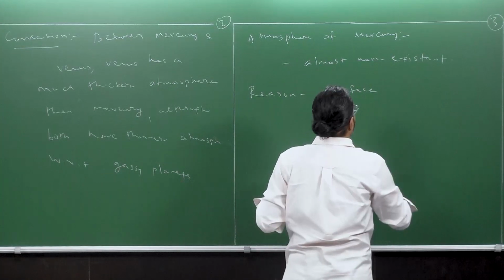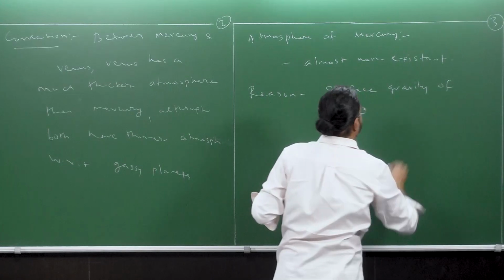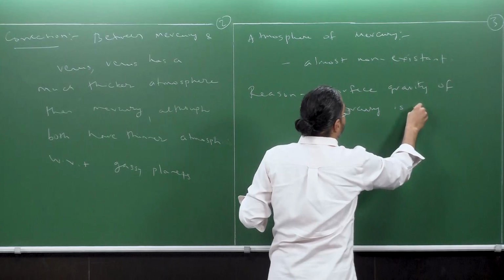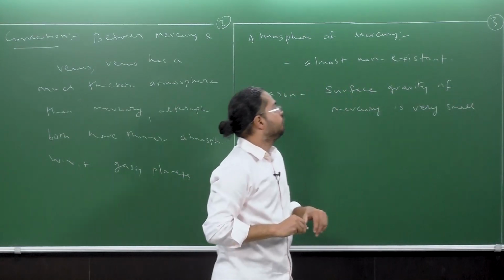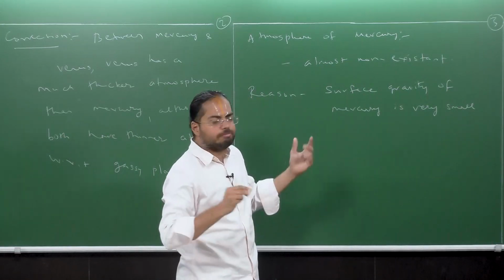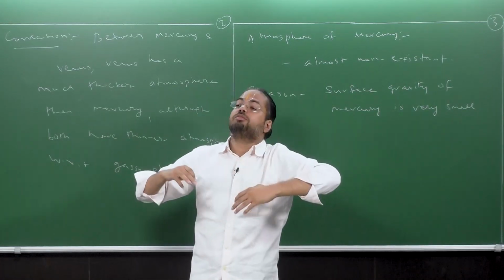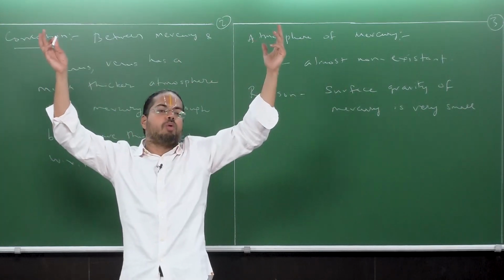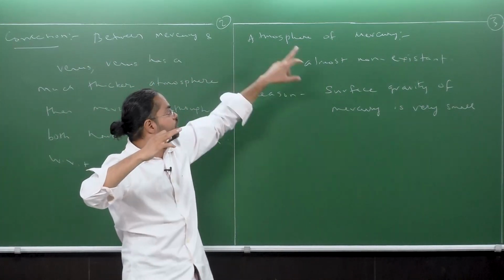The reason is that the surface gravity of Mercury is very small. So it is not able to attract the atmospheric layer, which, as a result of the proximity to the sun, the sun's rays just break away the chemical bonds in the gases constituting the atmosphere, whatever atmosphere could have been there.